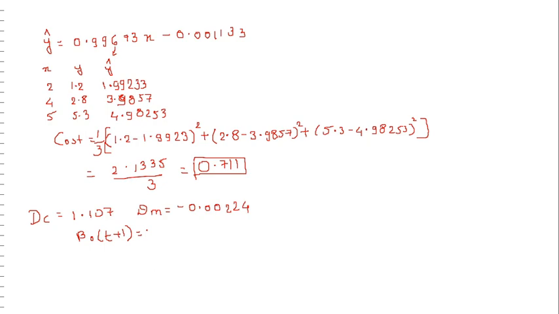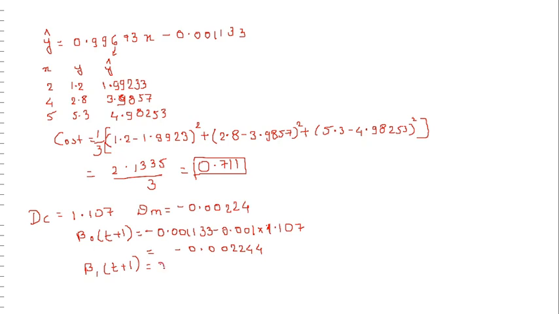For that we need to take the older value of beta 0, that is our previous iteration value, minus the learning rate, 0.001, into DC, because we are manipulating beta 0, that is nothing but C. So after computing this, what do I get? My beta 0 is minus 0.002244.